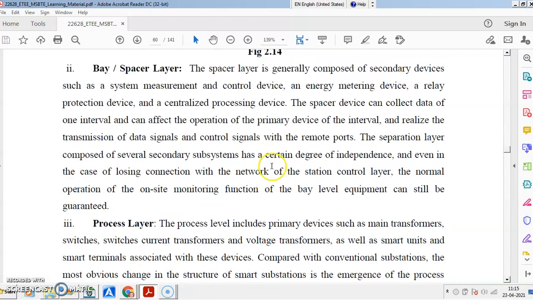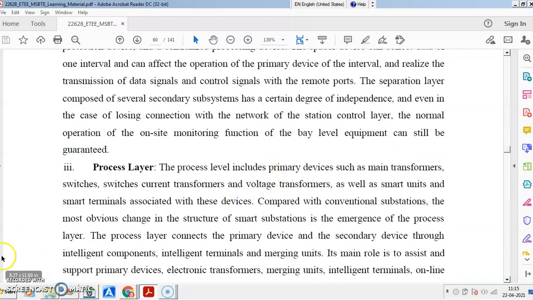And then the third is the process layer. The process layer includes the primary devices such as main transformer, switches, circuit breakers, isolators, as well as smart units and smart terminals associated with all devices. Compared with conventional substations, most of the obvious changes in the structure of the smart substation are in the process layer.